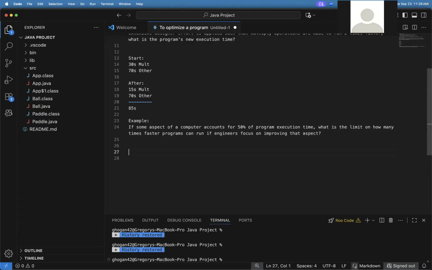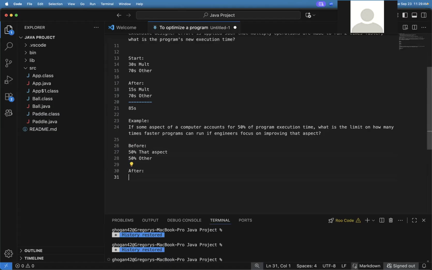So basically, I'll say that aspect is going to be, let's say, 50%, right? That means 50% is other, to add up to 100. So if we used magic, this would be the before.